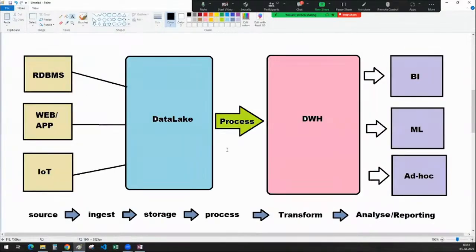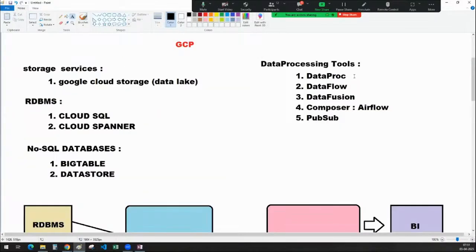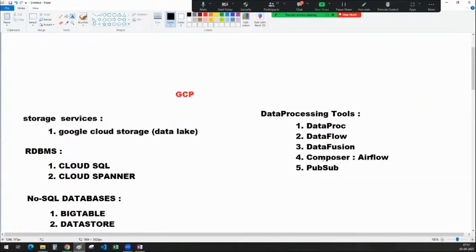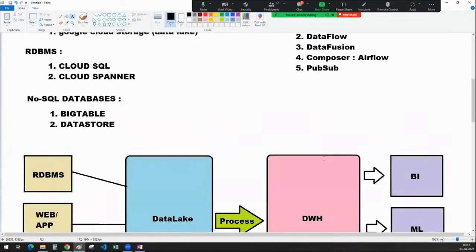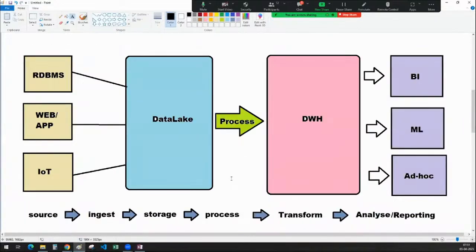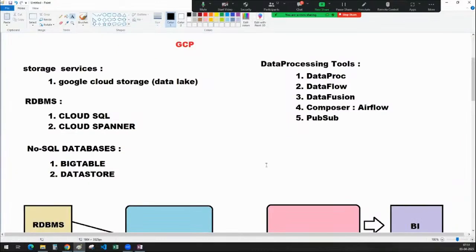Sir, if I want to work with the Hadoop environment and Spark environment, then you go for Dataproc. If you want to work with a serverless platform and the Apache Beam programming model, then you go for Dataflow. You want to create a data pipeline and do the transformations without writing any code, that's where you go for Data Fusion, guys.